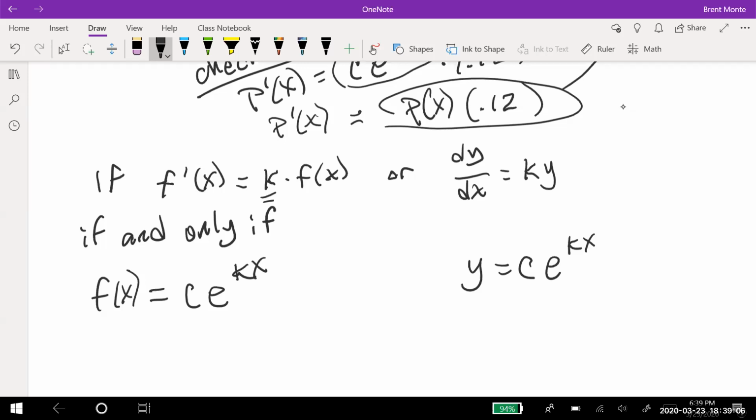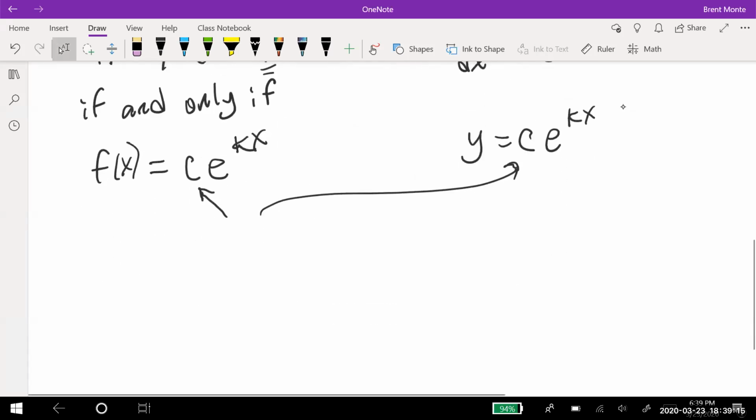Now what I want to point out, this c right here, all we've said so far is it's a constant. We'll point to both of them. But the constant we're talking about, well, here, let's say this. What is this constant?